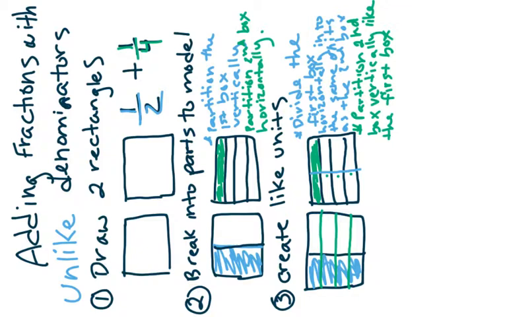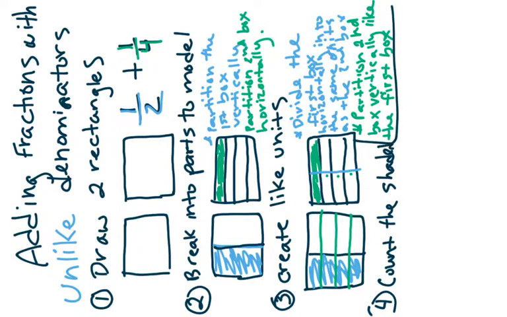Now, number 4. Count the shaded units. So you have 1, 2, 3, 4.